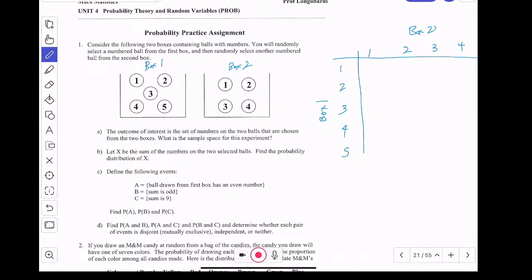So if I wanted just the possible outcomes using matrix notation, I take the first entry from the row and the second from the column.